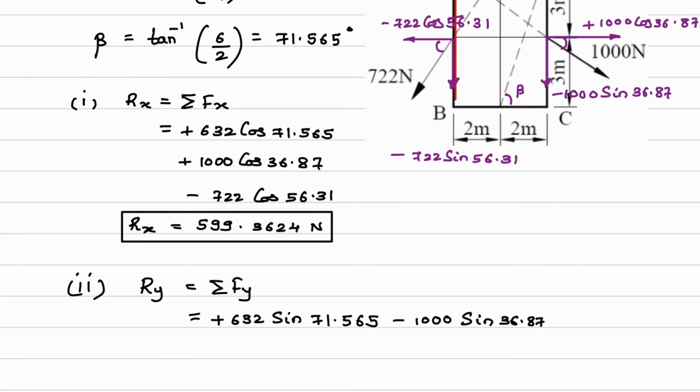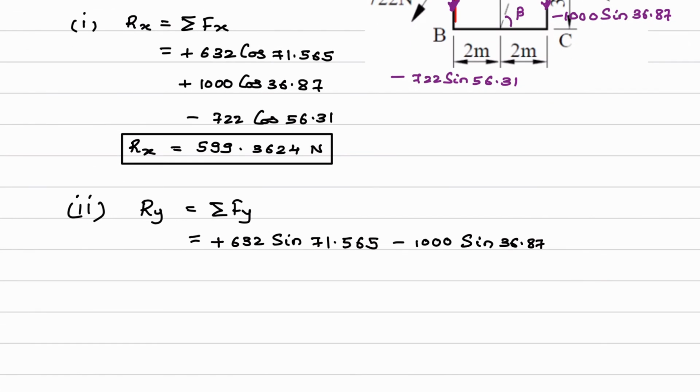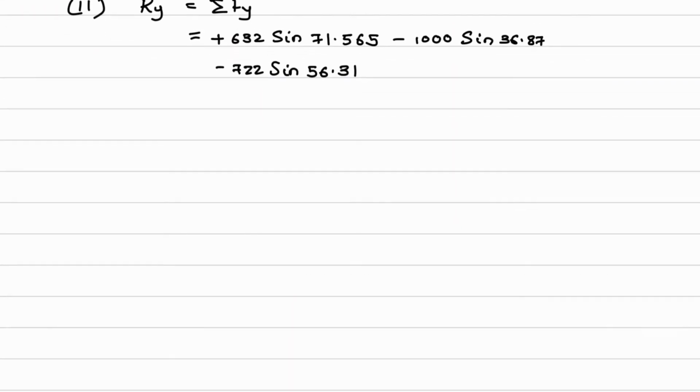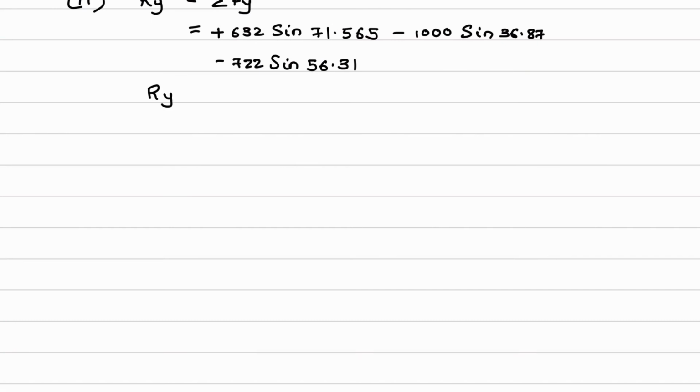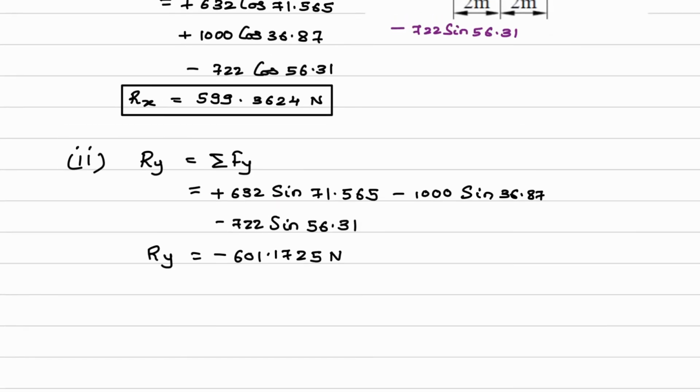And next component in downward direction, minus 722 sine 56.31. So from here we can calculate Ry. So Ry comes out to be minus 601.1725 Newton.